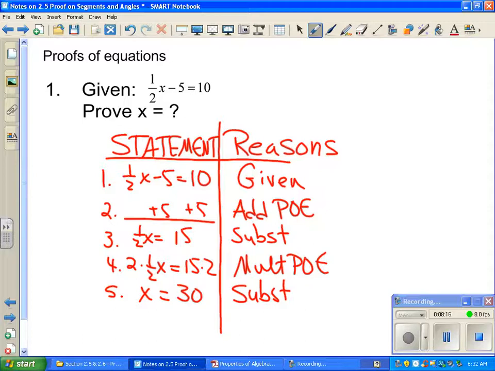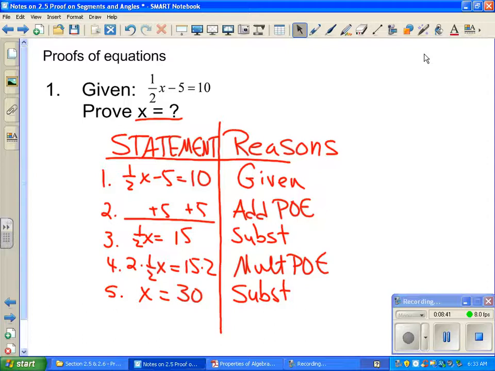So I multiplied 5 times 15, so I've got to put in the answer 30. The question asks me to prove what is x equal to. I have proven that. I have shown all the work and the reasons for that work to get the answer x equals 30. So this is more like an algebra proof because it's showing you how to do the math, but at the same time it's justifying it with those properties.